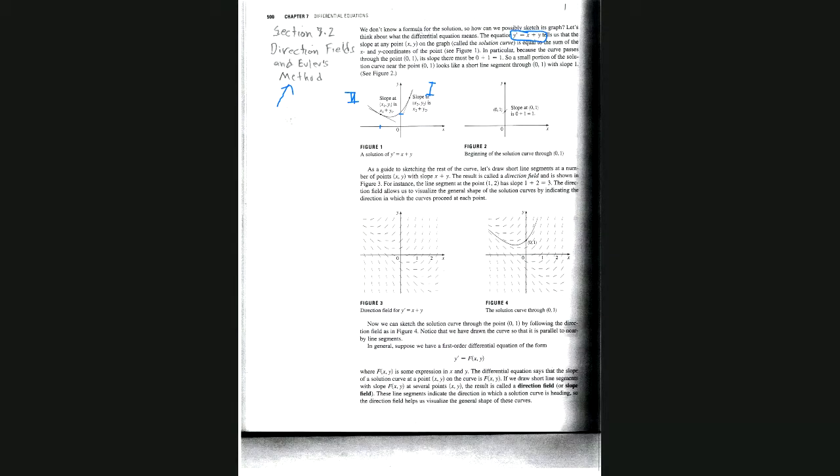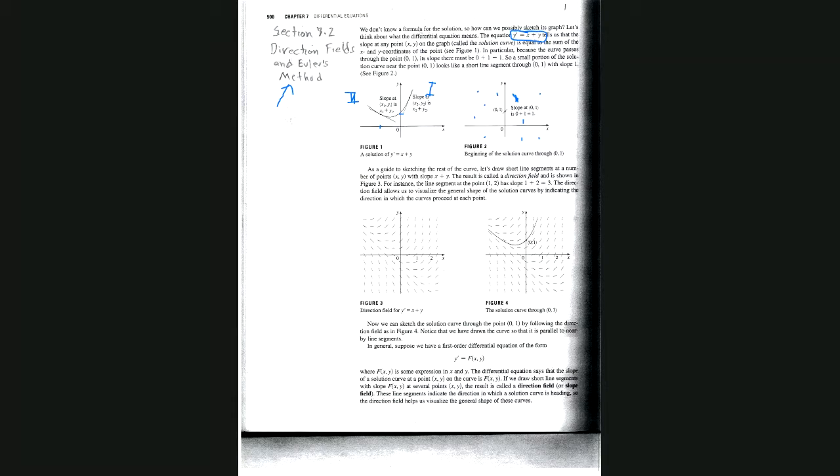So we can do this process. We can pick a bunch of points throughout the xy plane, and every point has a coordinate, and you can compute the slope of the tangent line to the solution at that point, because that's what y prime is.